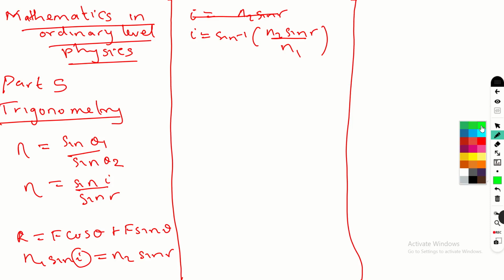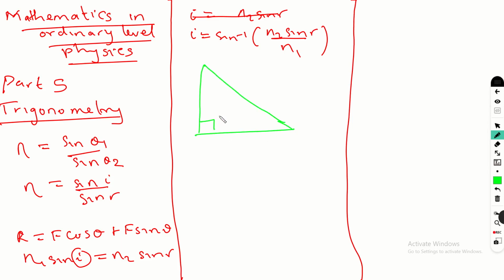Trigonometry focuses on the right angle triangle, which is a triangle in which one of the angles is 90 degrees, and the other angles are, for example, 30 and 60. The sum of the three angles that make up the triangle must be 180 degrees.